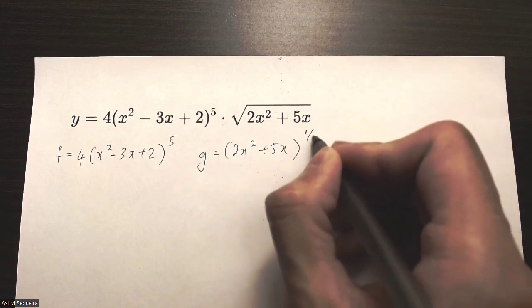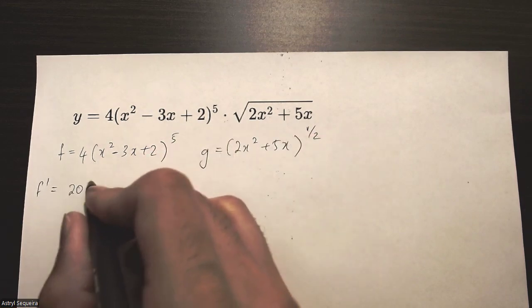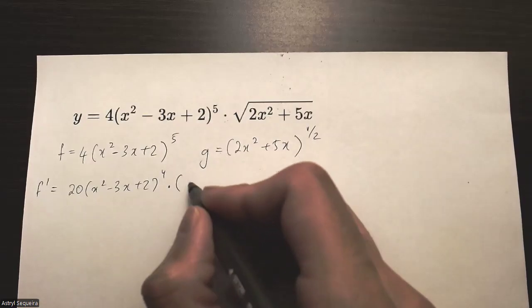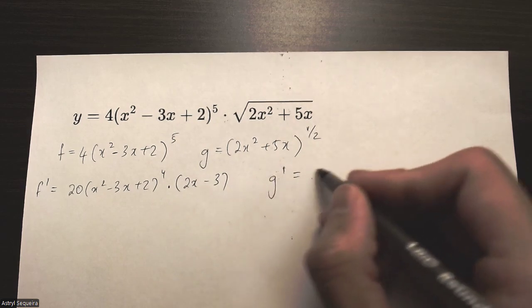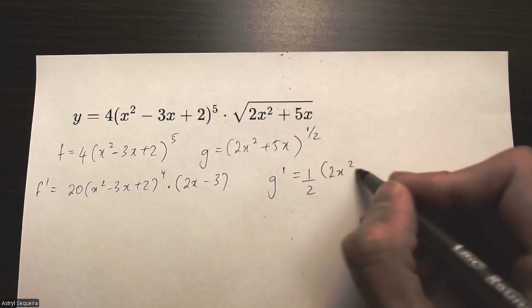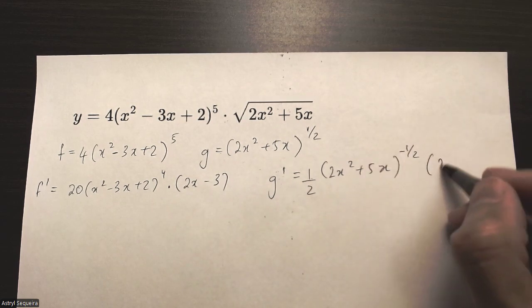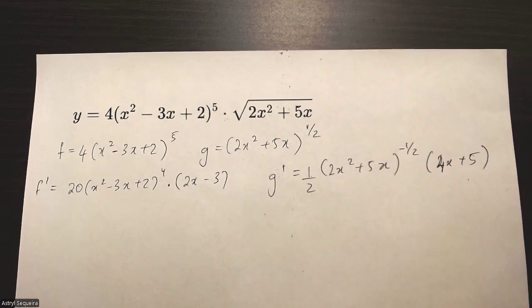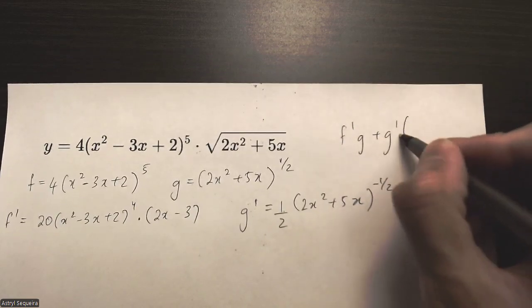I'll write it to the power of half so that it's easier to derive. f prime is 20 x squared minus 3x plus 2 to the power of 4 times 2x minus 3. g prime is 1 over 2, 2x squared plus 5x, to the power of negative 1 over 2 times 4x plus 5. And now I can do my product rule, f prime g plus g prime f.